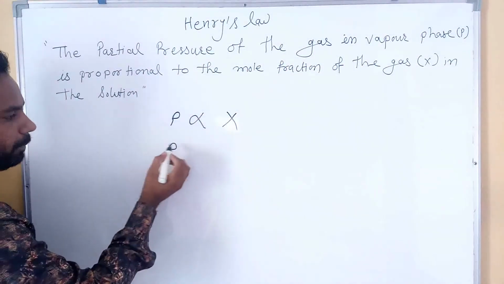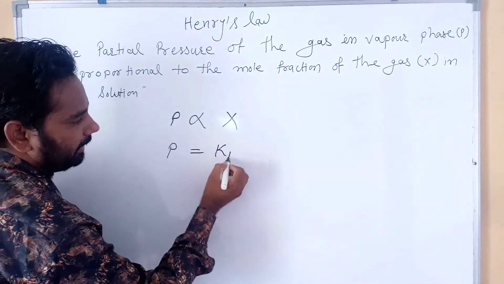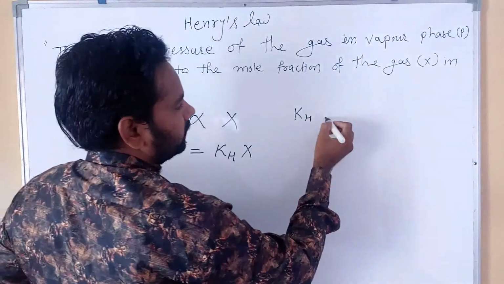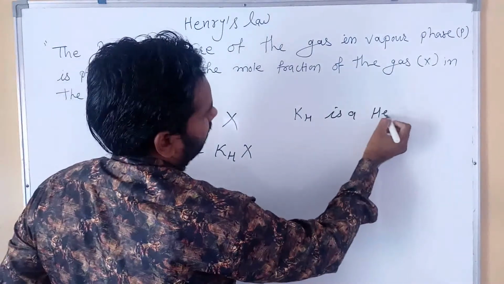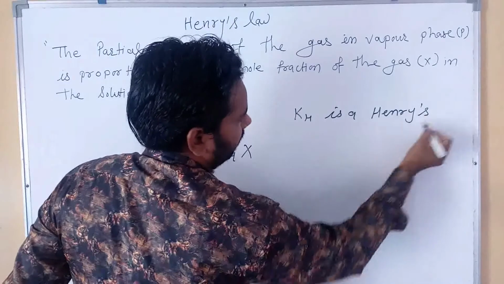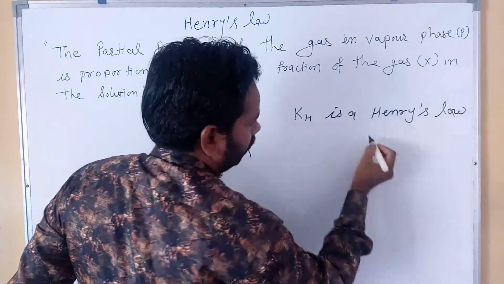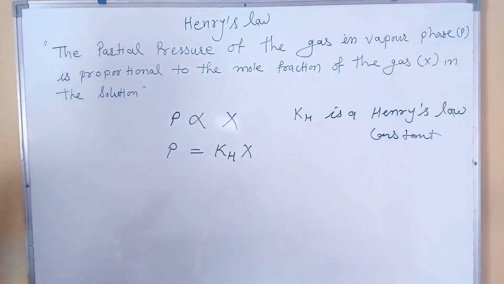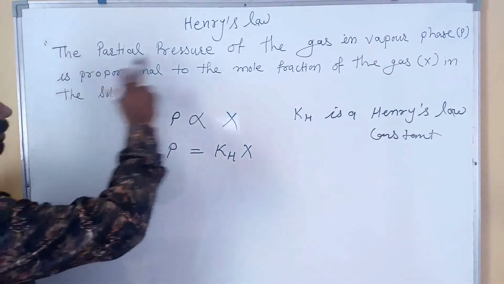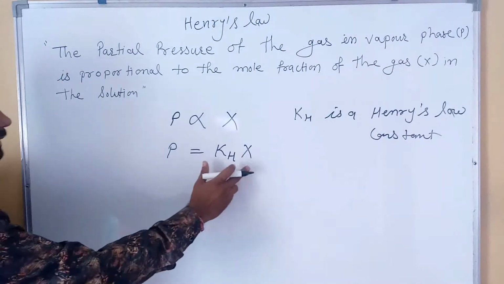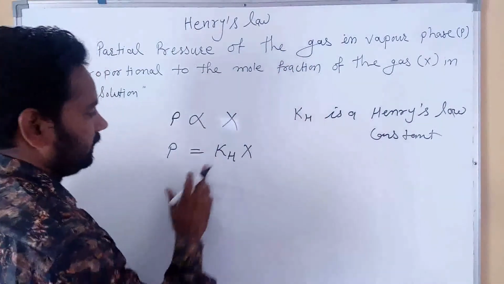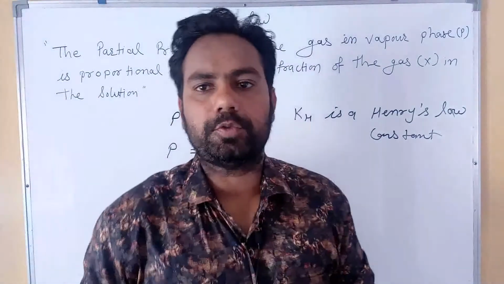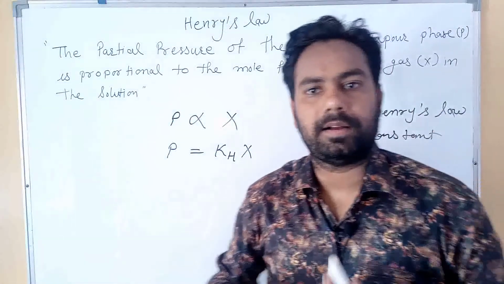Then the second step is P is equal to KH X, where KH is the Henry's law constant. Here P is the partial vapor pressure, X is the mole fraction of gas, and KH is the Henry's law constant. It's very useful for our general life.